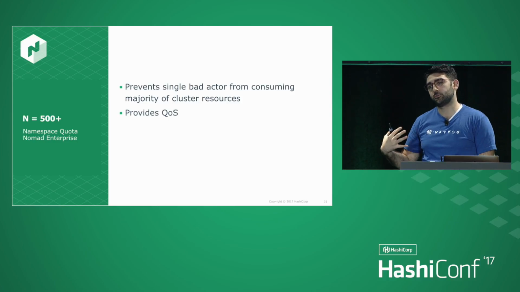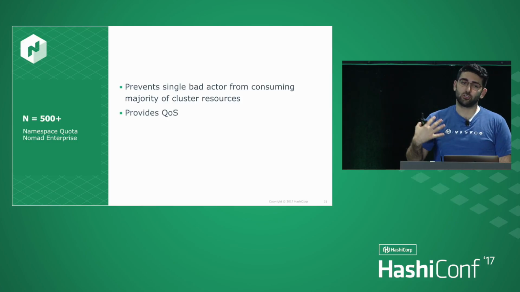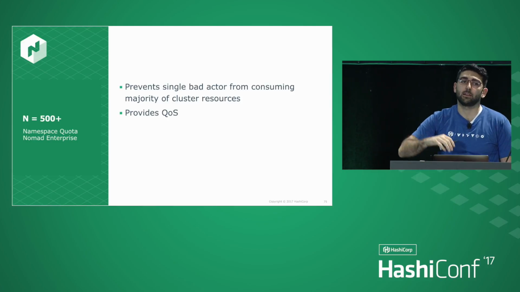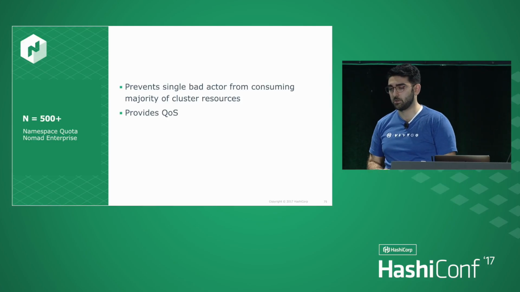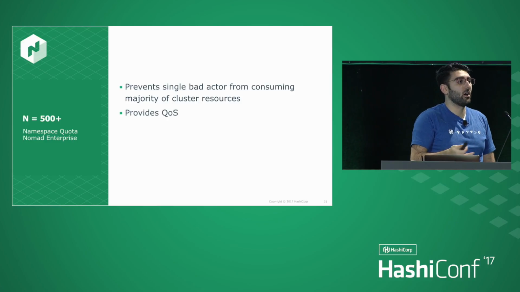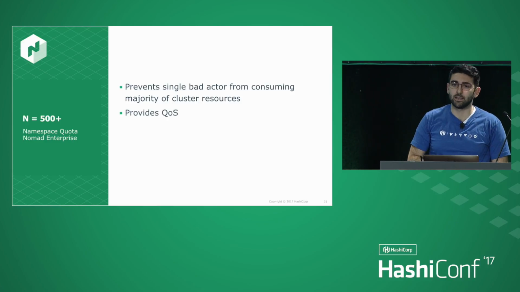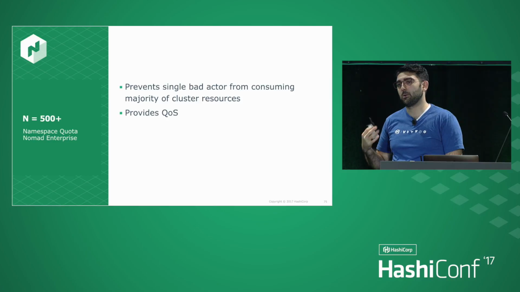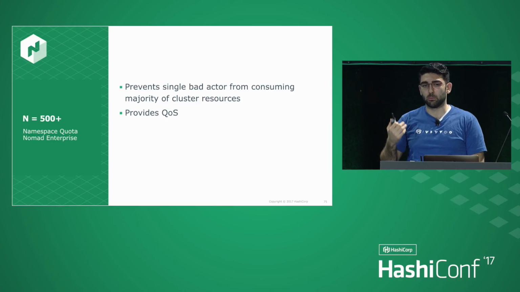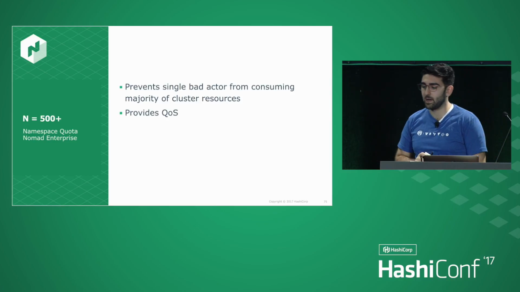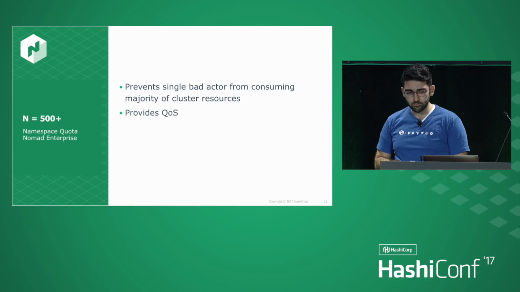So you really want to introduce quotas to ensure that one bad actor can't consume all the resources of your cluster. And this provides QoS for other namespaces, which should be isolated. It's not just about isolating jobs on a particular node. Cluster-wide is important as well.